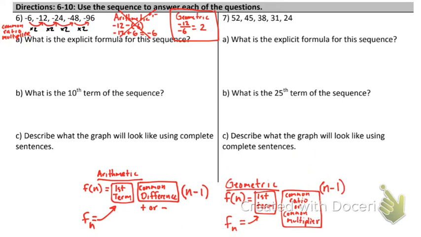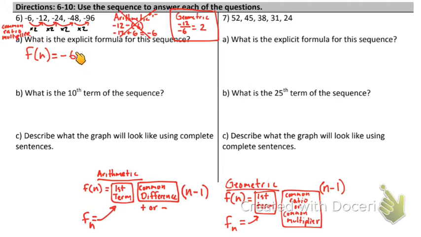Okay, so we're going to go f of n, and we're looking for the first term. So if you look at our sequence, the first term is negative 6. So equals negative 6. The next thing we write down is, what are we multiplying by? The common ratio or common multiplier? In this case, it's 2.